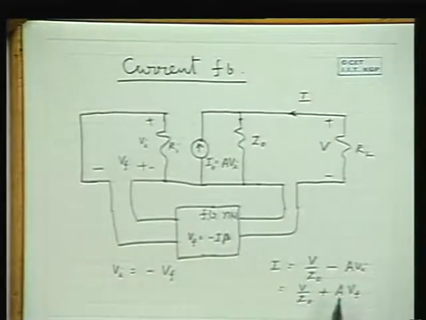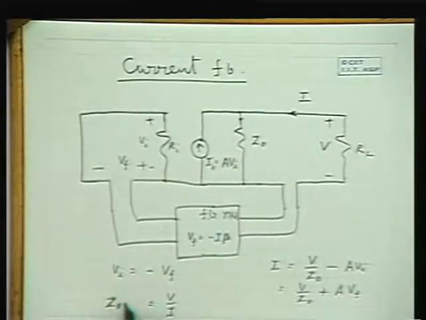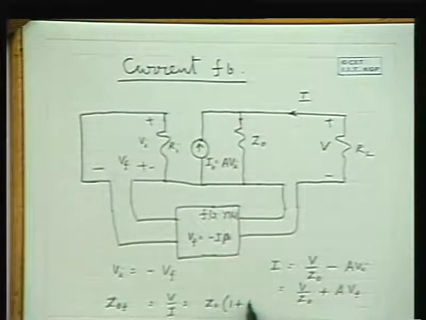Now if you substitute here, you can get V by I, so that is ZOF as Z naught into 1 plus A beta. Because you substitute for Vf here, Vf is equal to minus I beta.